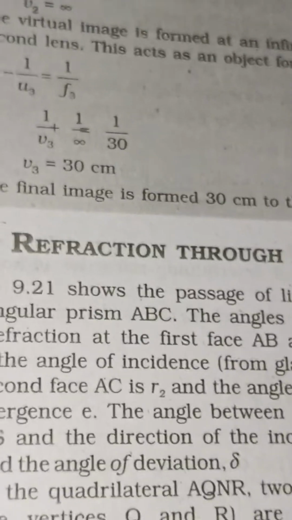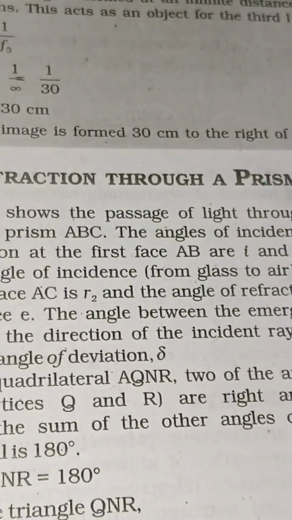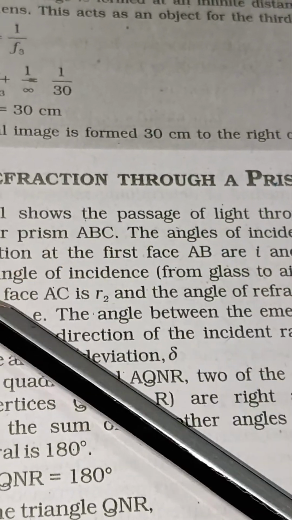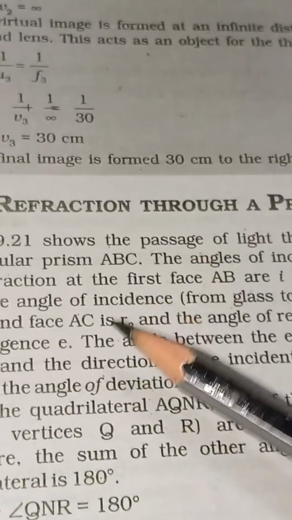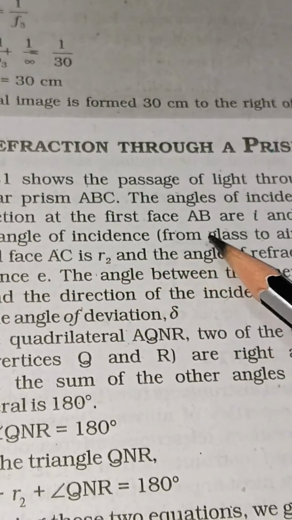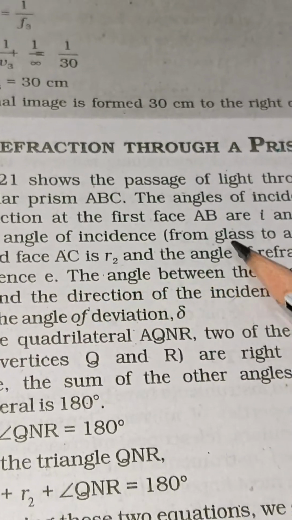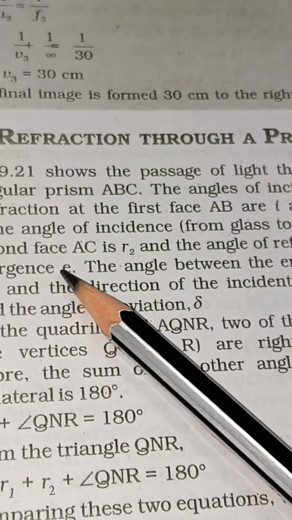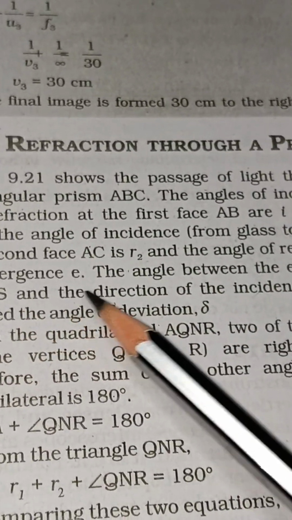Okay, the next subtopic is refraction through a prism. This is the prism we will talk about in this figure. In the passage of light through a triangular prism ABC, the angle of incidence and the refraction at the first face AB are i and r1, while the angle of incidence from glass to air at the second face AC is r2, and the angle of refraction or emergence is e.